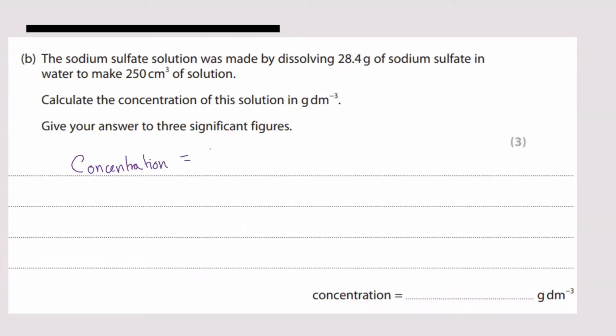Think about the units of concentration. So it's mass divided by volume. Okay, mass divided by volume. So if they did 28.4 grams in 250 centimeters cubed, right, so let's do 28.4 divided by 250 would be quite low.